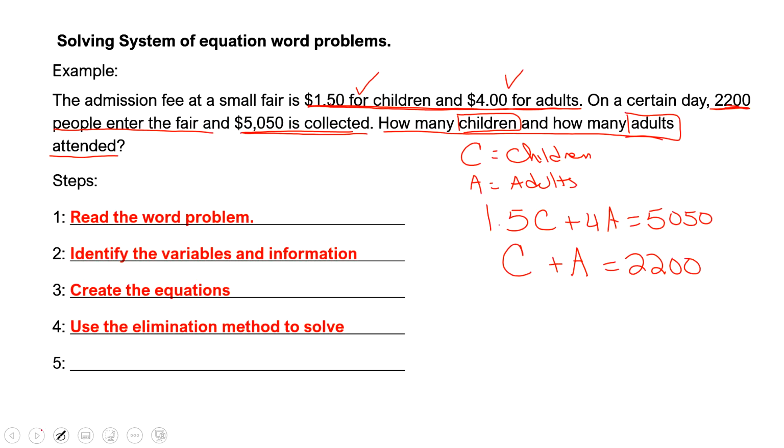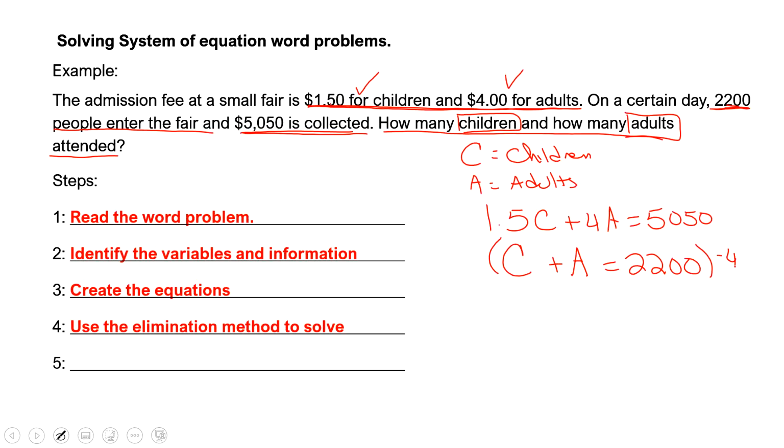So here, what am I going to do? How am I going to do this? What I am probably going to do in this one is multiply the bottom equation, let's say by -4.